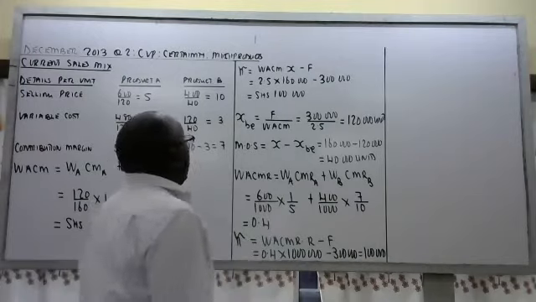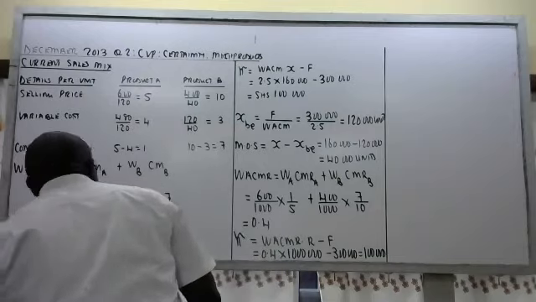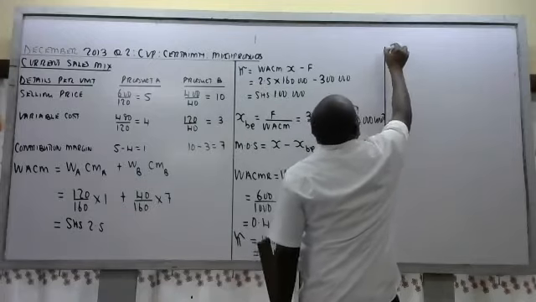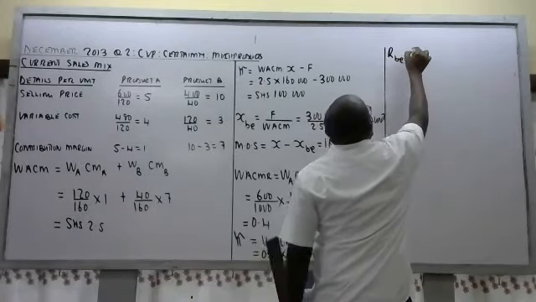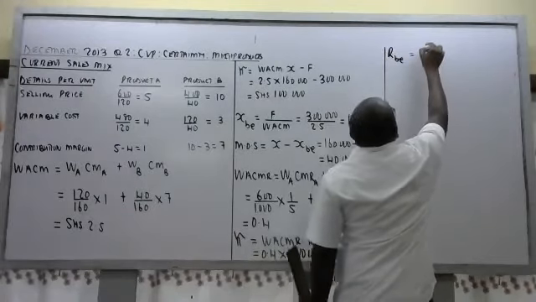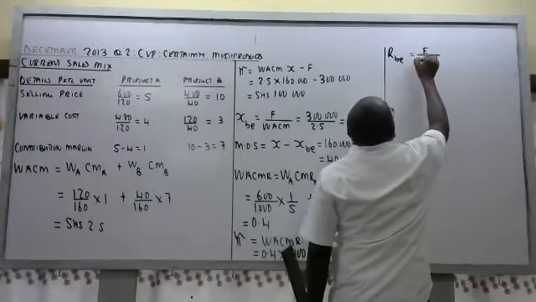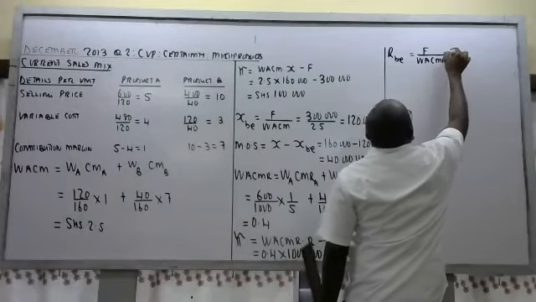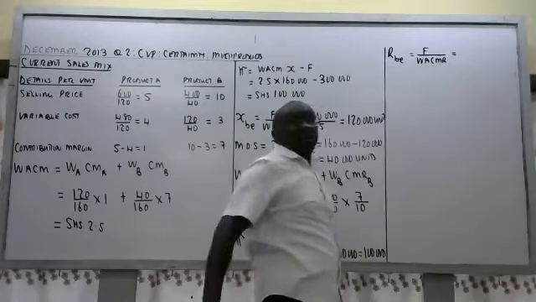Okay, so that is okay. Then if you are told to get the break-even point in revenue, RBE, it is F, you divide by WACMR.